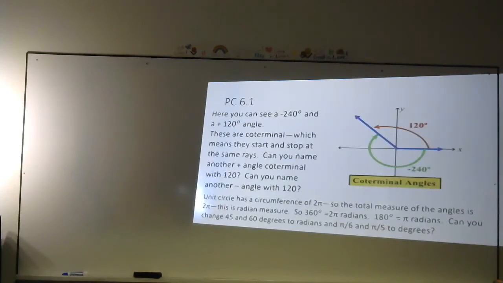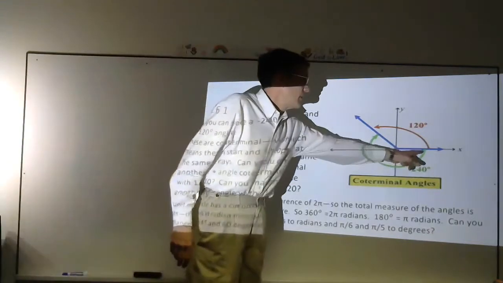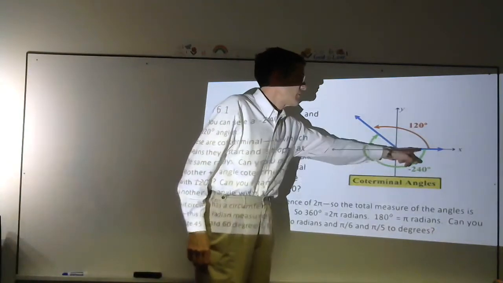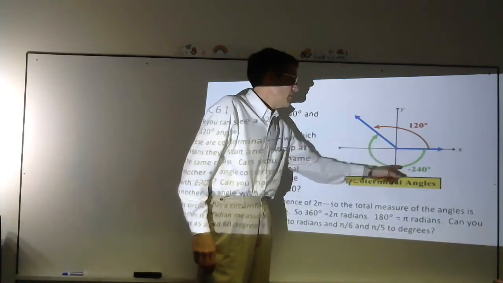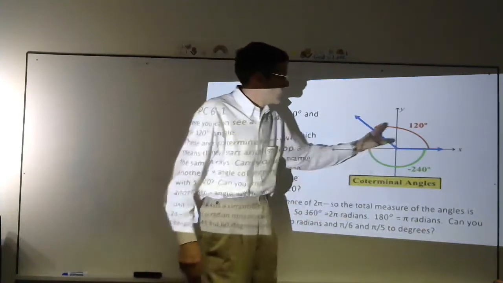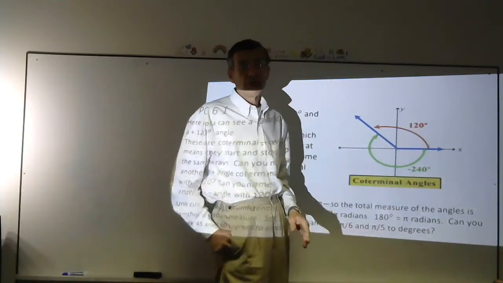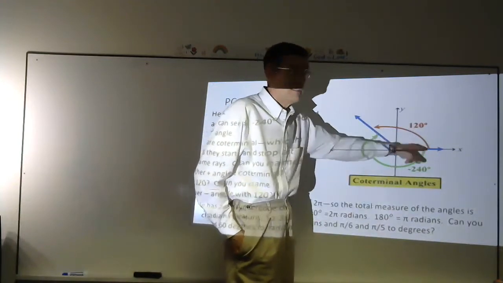Here you can see a couple of angles. I have a negative 240 degrees in green. It starts at the positive x-axis and goes clockwise. Now, it runs through about 2.5 quadrants. There's 360 degrees in a revolution, so each quadrant would be a rotation of 90 degrees.